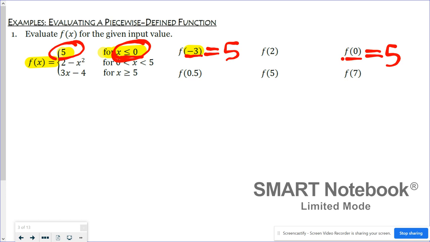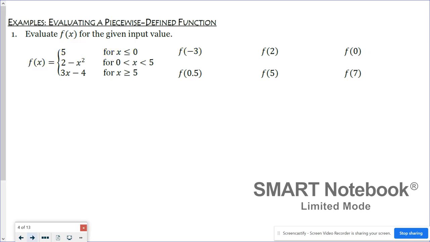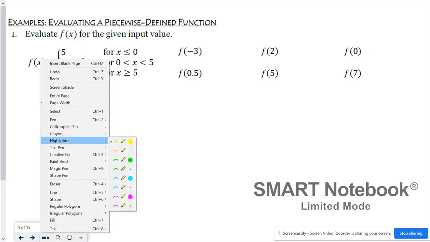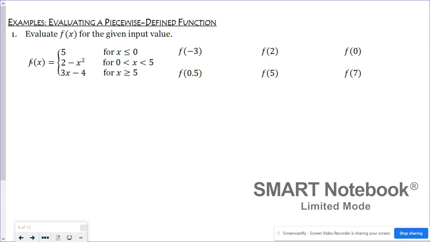Let's take a look at the next piece of our piecewise function. This time we're going to focus on the fact that f of x is equal to 2 minus x squared, and this is true for all x values where 0 is less than x is less than 5. Which of our 6 evaluations would we use this piece for?